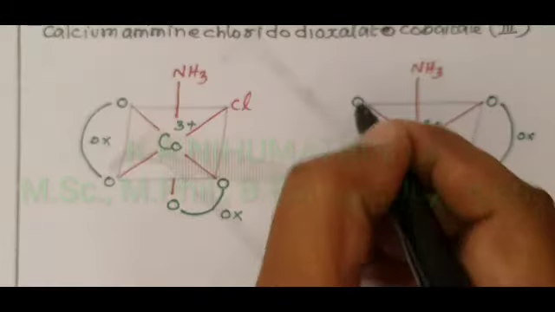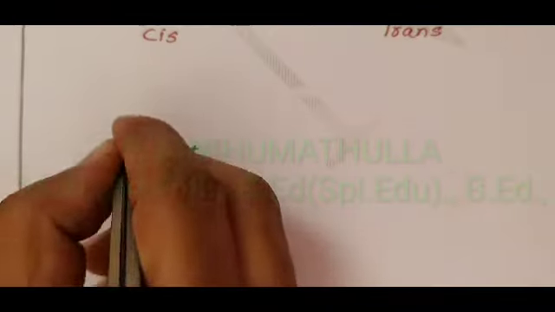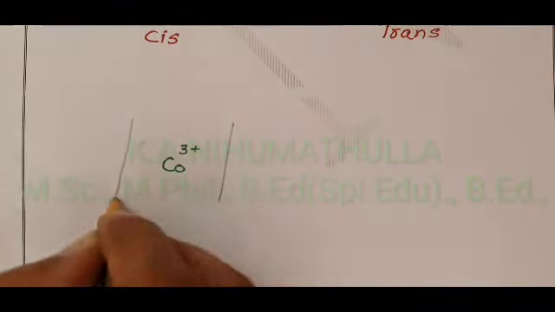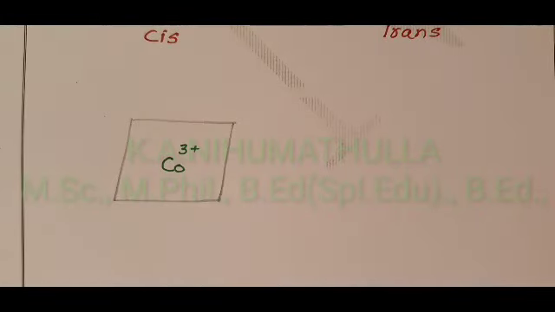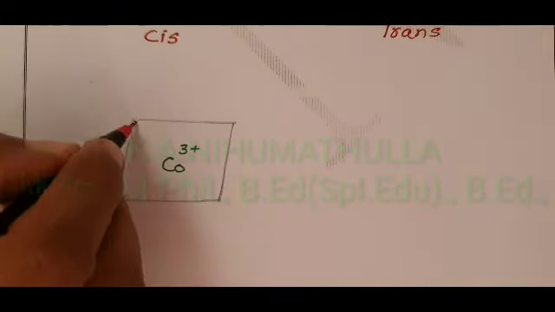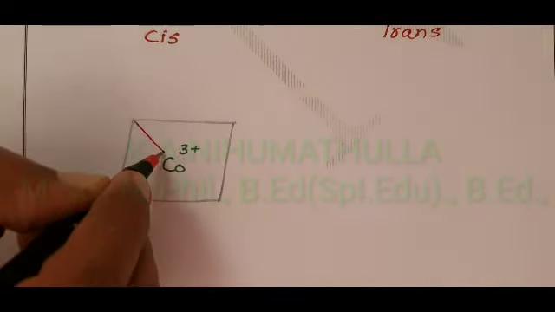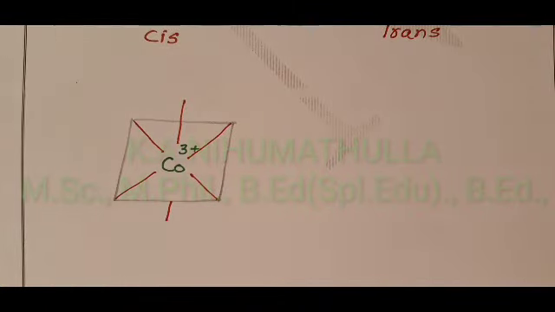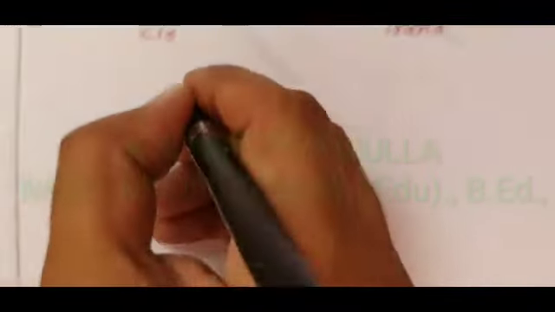I am drawing the cis isomer of these complexes, and also the trans isomer, where the bonds are present. Join all the corners. Above the plane one ligand, below the plane another ligand. One amine and one chlorine, the two monodentate ligands NH3 and Cl, are in cis position.